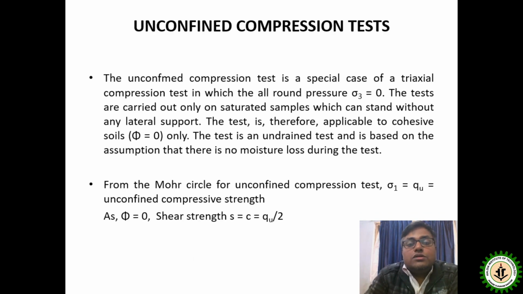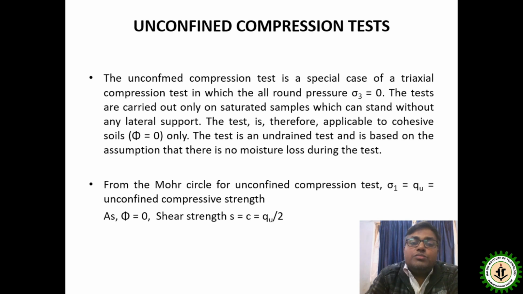Then it is our unconfined compression test. So from the name you can understand there will be no confinement. That means in the triaxial test we are supporting the soil sample all around by water.